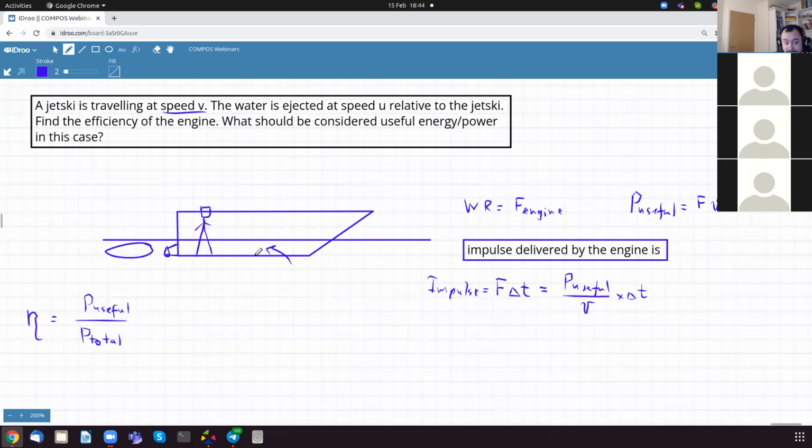What you see is water coming towards you at a speed v, sorry. Water coming towards you at a speed v. And water leaving you, the ship, with a speed u.